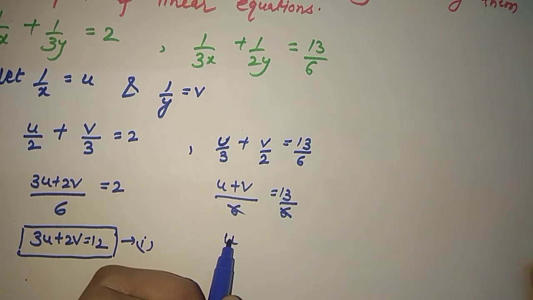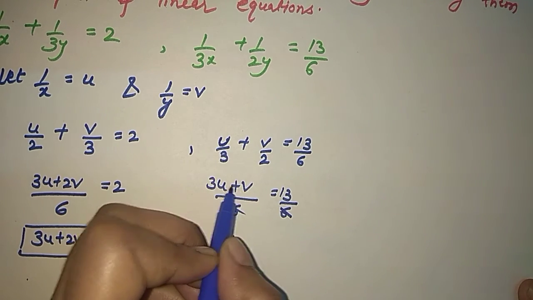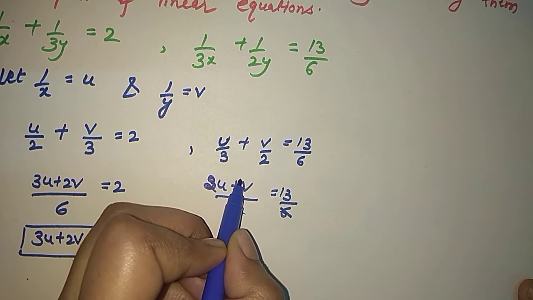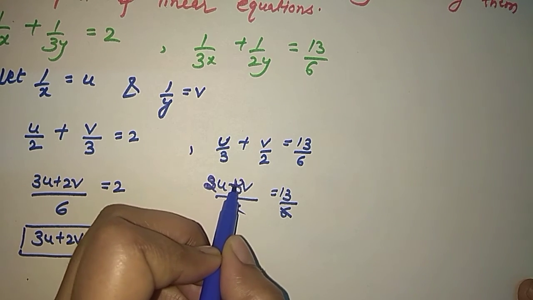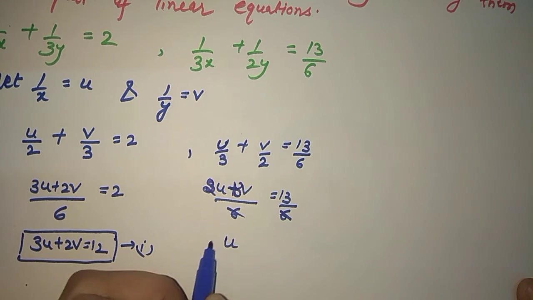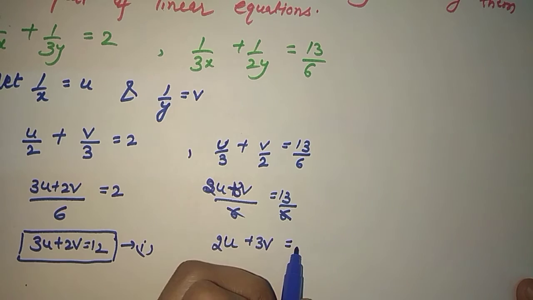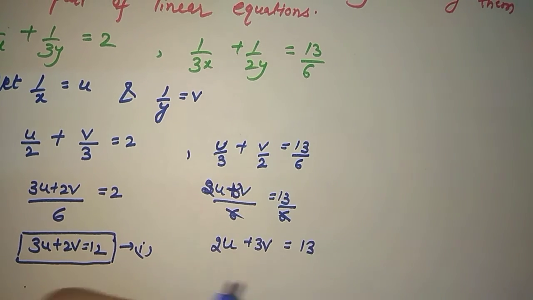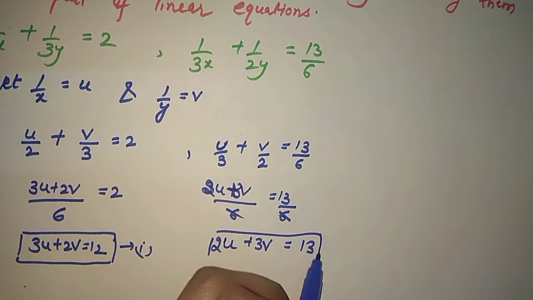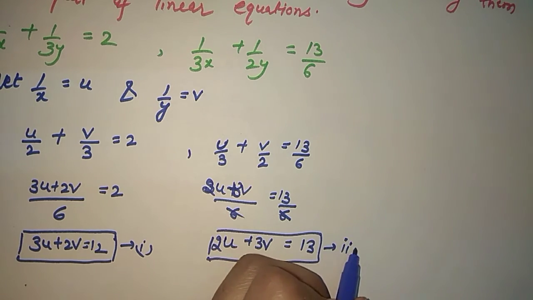Then on taking the LCM we have 2u plus 3v is equal to 13. So here we have a pair of equations, first and second.